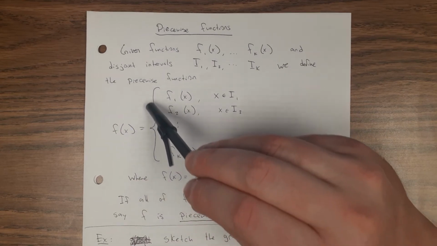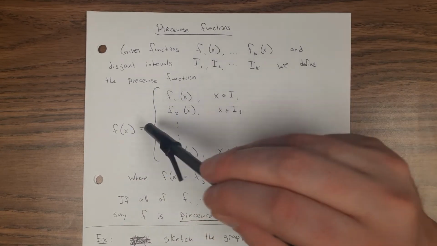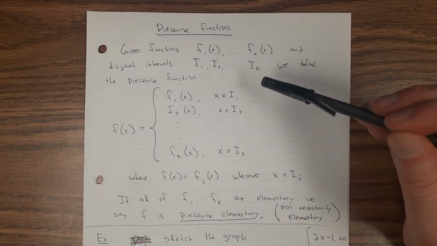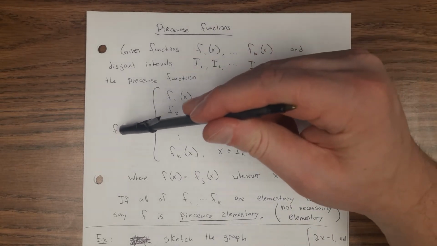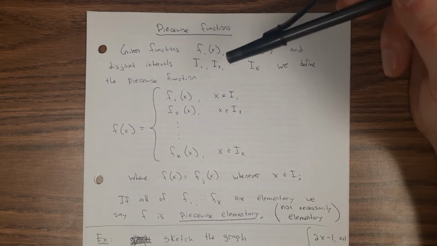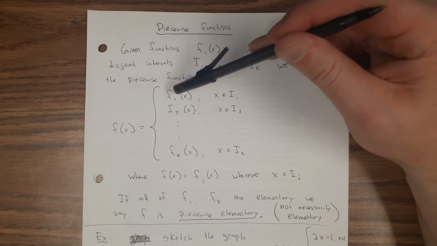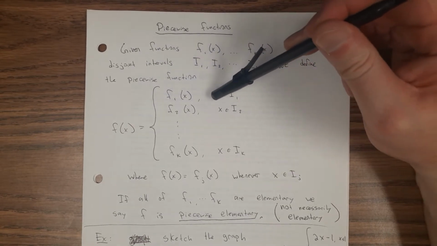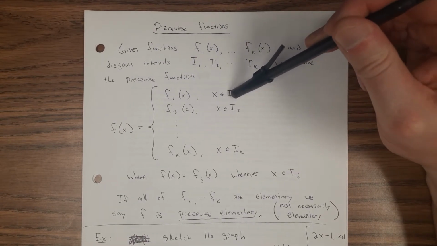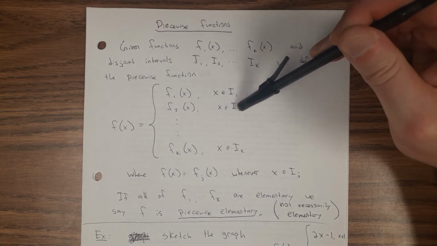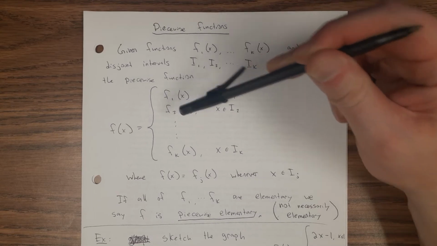You have this curly bracket, and there's just a left bracket. There's never a matching right bracket when you do it this way. This is just the notation for how you define a piecewise function. I'm going to define this function f of x, and if x is inside this interval, then I'm going to use this function. If x is inside this other interval, then I'm going to use this other function.